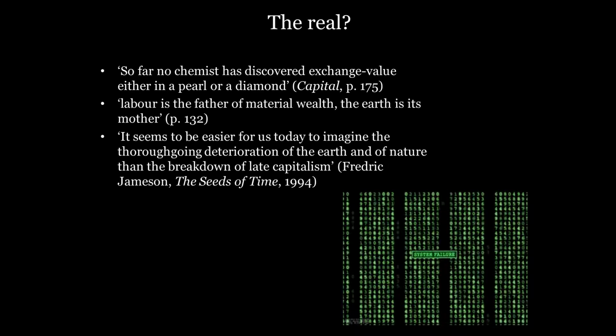Towards the end of the section from Capital we're reading for this week, he writes, "So far no chemist has discovered exchange value either in a pearl or a diamond." So capitalism is not hardwired into the geological fabric of the universe. "Labour is the father of material wealth. The earth is its mother." A curious gendering of this that you might want to ponder as well. And it invites us anyway to think about the role of labour in relation to the earth.